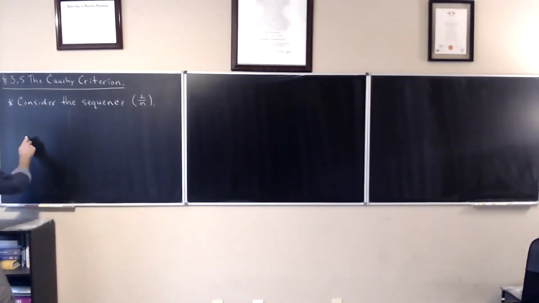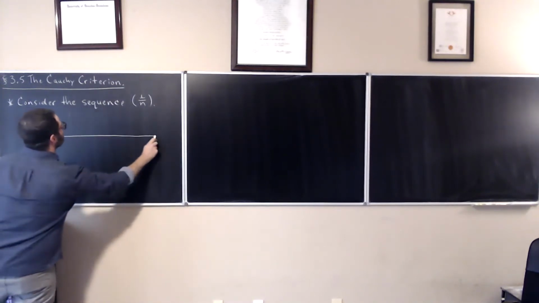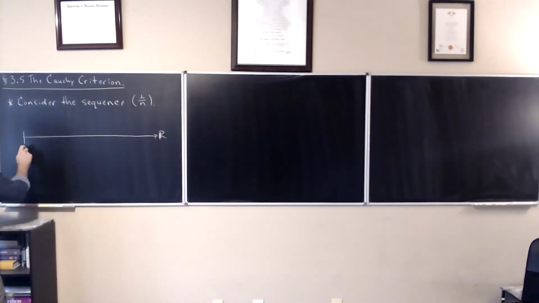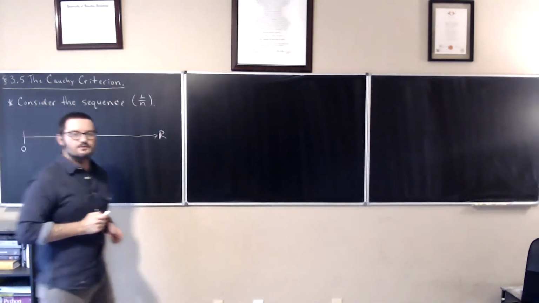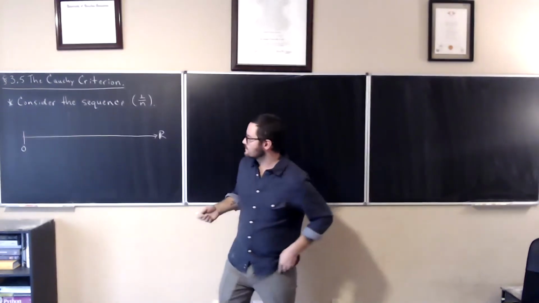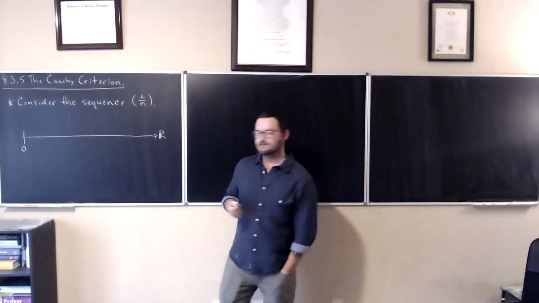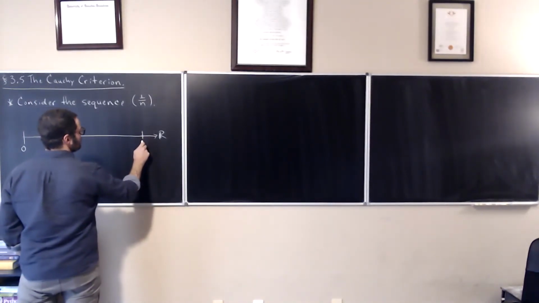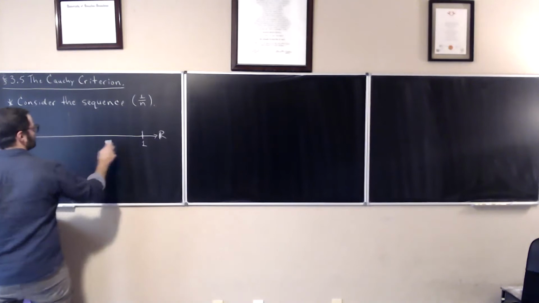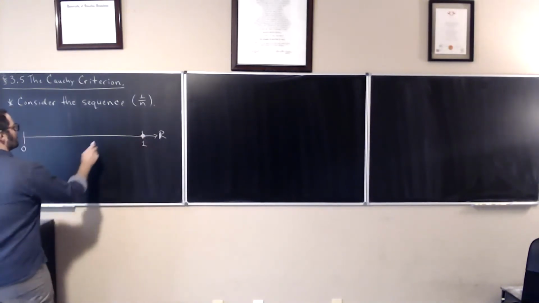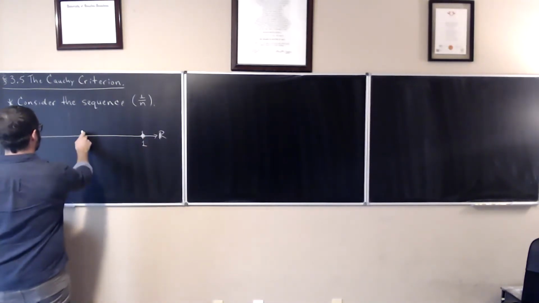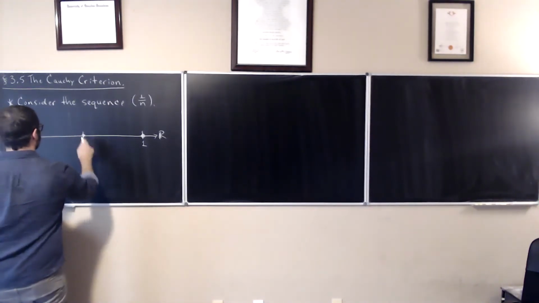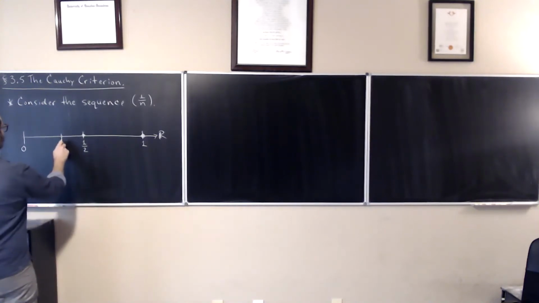So if we just look at the real number line and study the behavior of this sequence as n increases, we'll start to notice something just by the picture that we draw. So for example, there's 1. It's the first term of the sequence. Maybe here is a half. And then maybe a third.